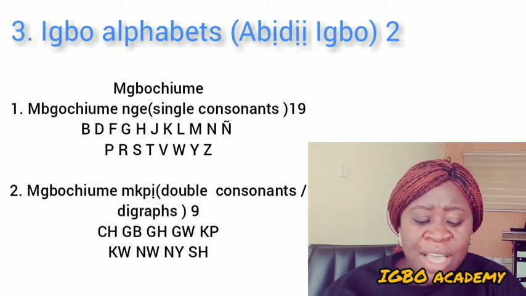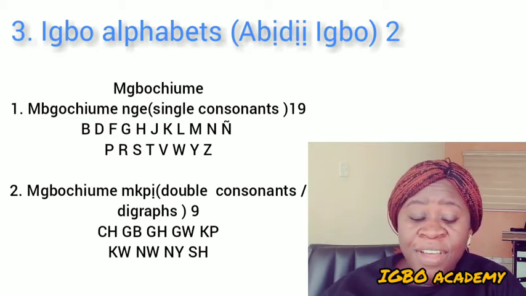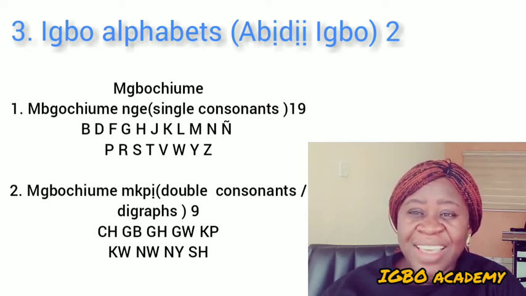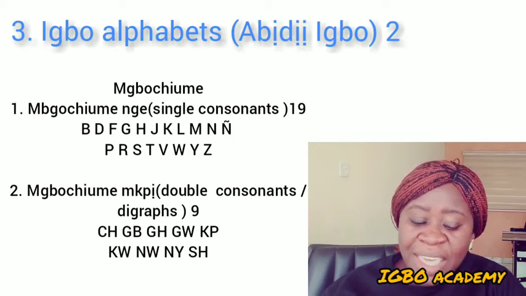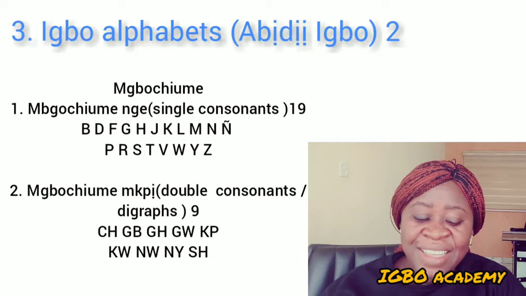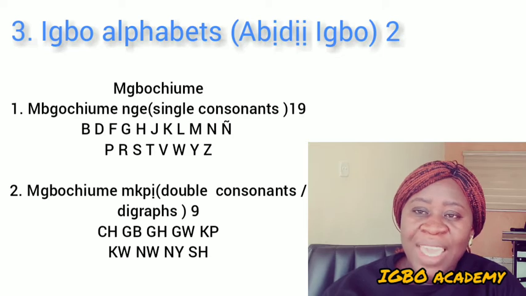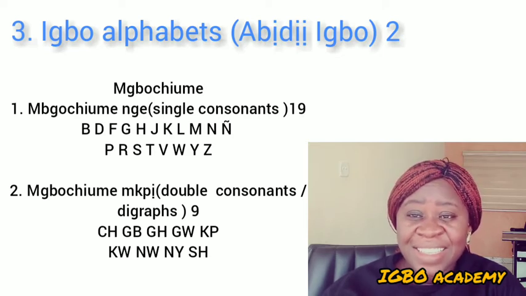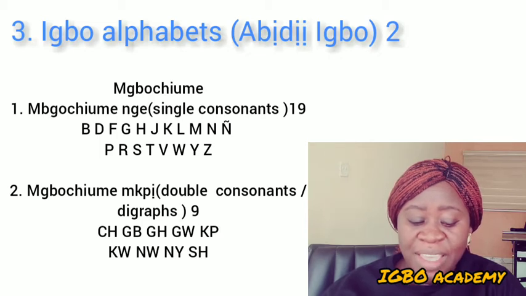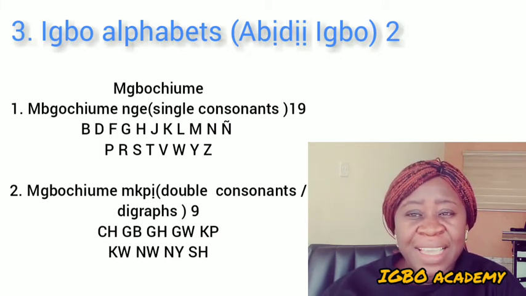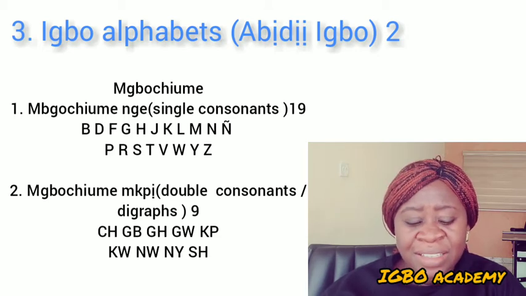They are letters B, D, F, G, H, J, K, L, M, N, P, R, S, T, V, W, Y, Z. I'll take it again. Mbochume nge are 19 in number. They are the single consonants.